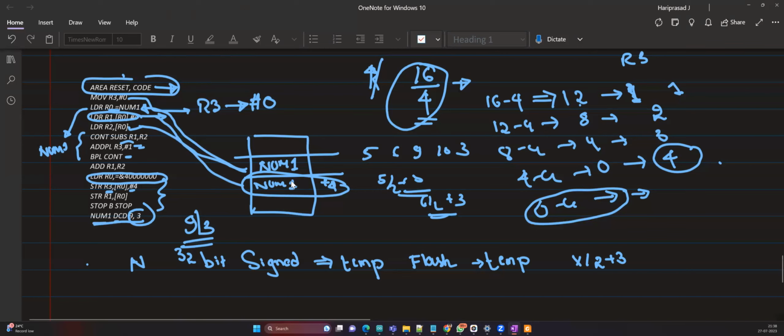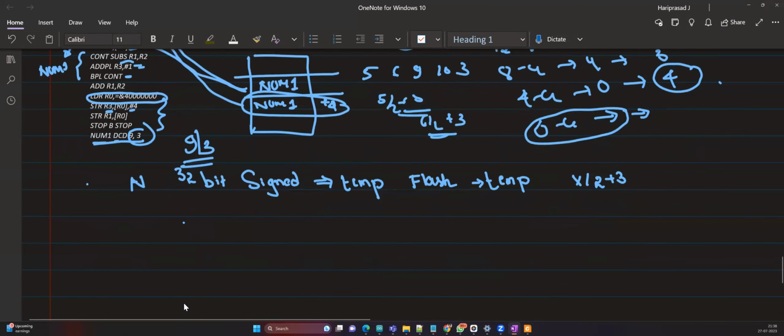This seems a lot harder than the other codes. So let me assume n as some number, 5.